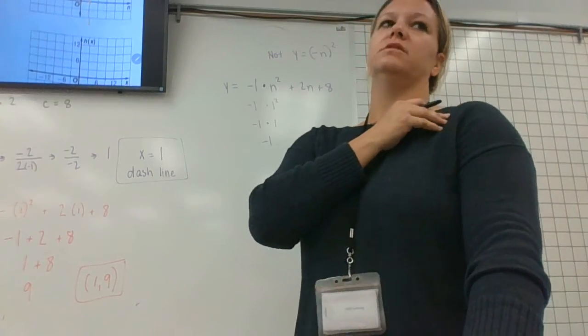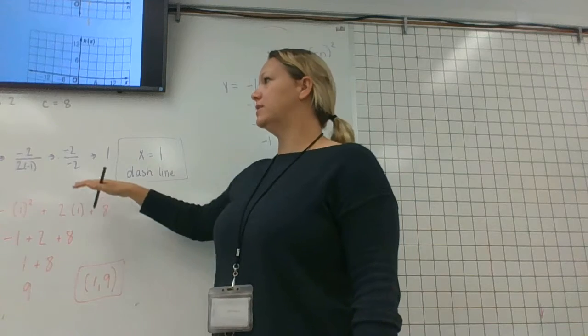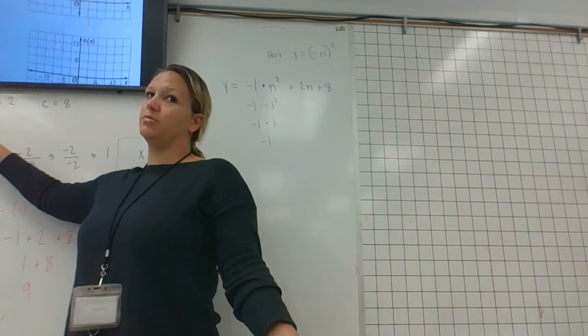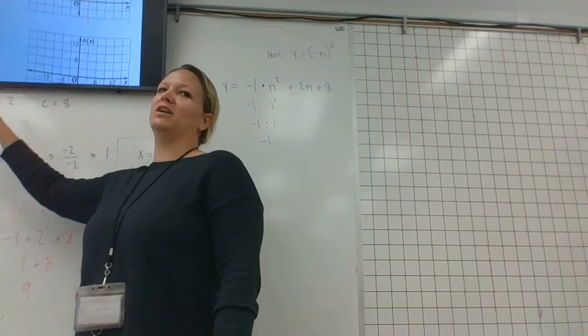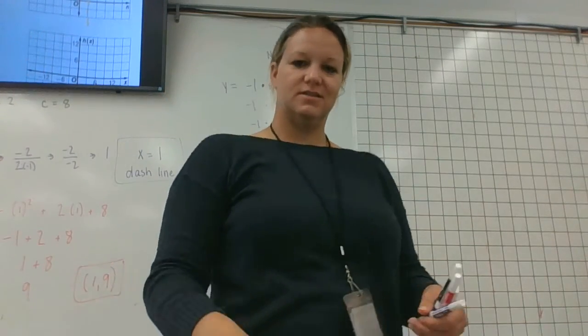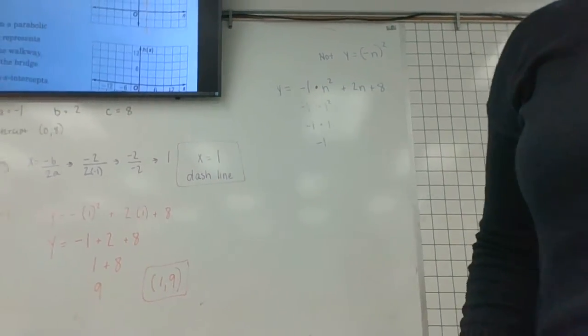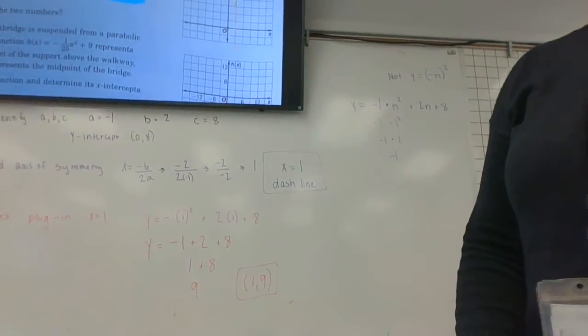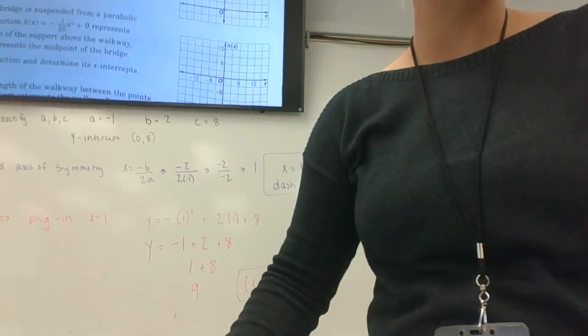What's better is to not copy the dots, but to find a point and plot the point. So don't copy the picture. Plot the point. The red dot's the vertex.